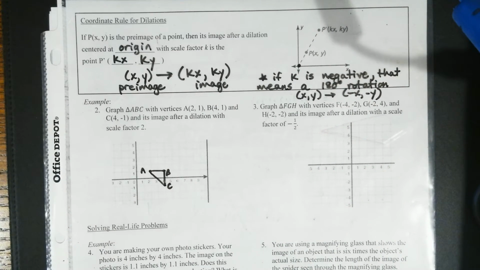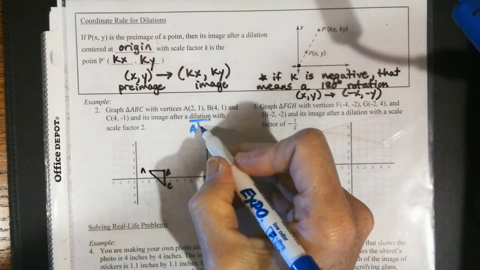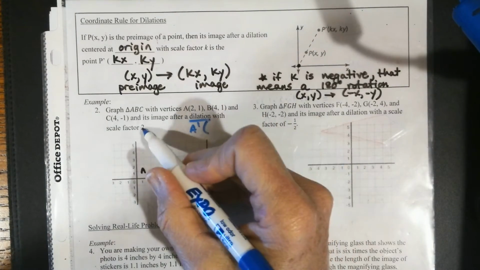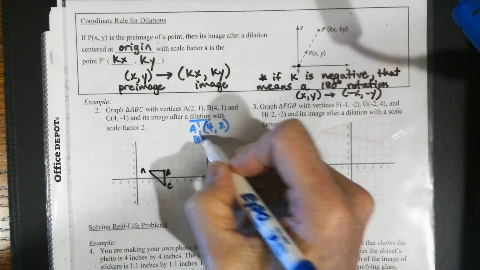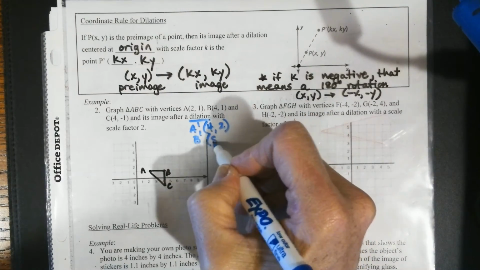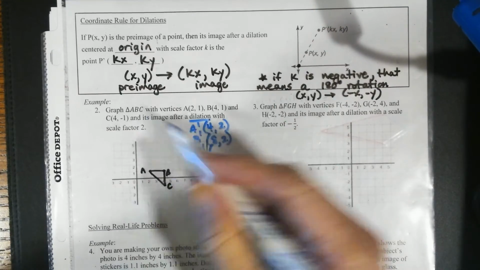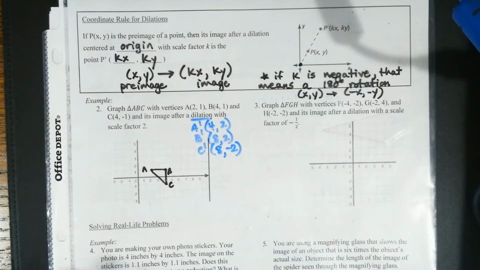Okay. Now, in order to do the dilation with a scale factor of 2, A prime, you're just going to double that because it's going to be 2 times 2 and 2 times 1. You'll get 2 times 4 and 2 times 1. And for C prime, it's going to be 2 times as well. That's it.